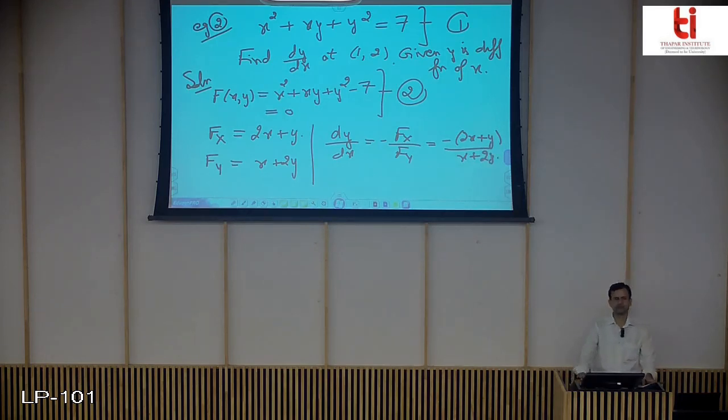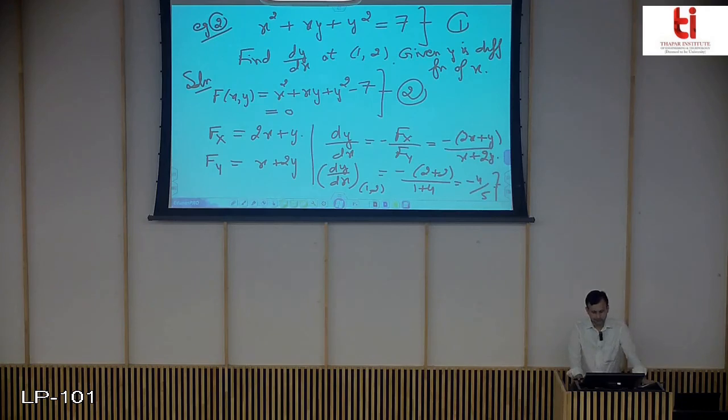So using this formula the derivative becomes easy to find, and hence at point (1, 2) it is minus (2 plus 2) upon (1 plus 4). So this is minus 4 upon 5. At point x equals 1, y equals 2, the result becomes minus 4 upon 5.